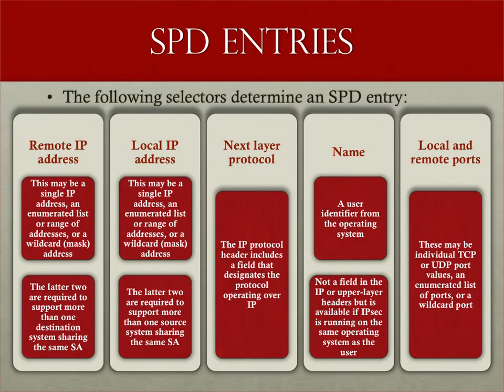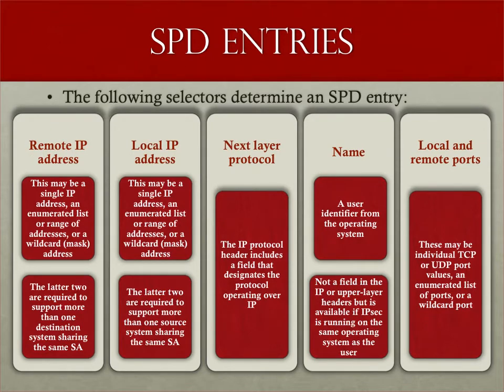So these are the entries that might be included in the security policy database. This is the criteria of the selectors. I can have some criterion on the remote IP address.